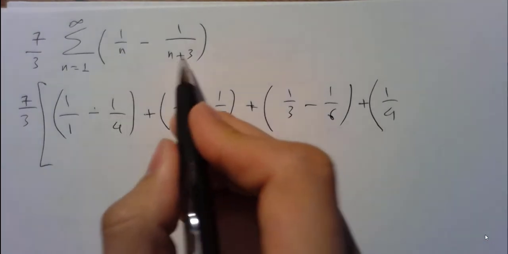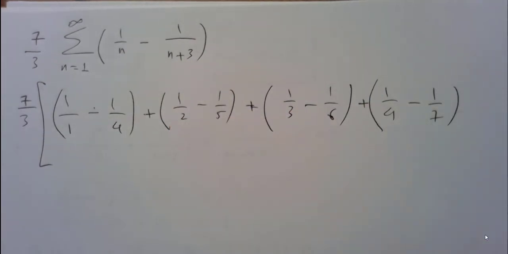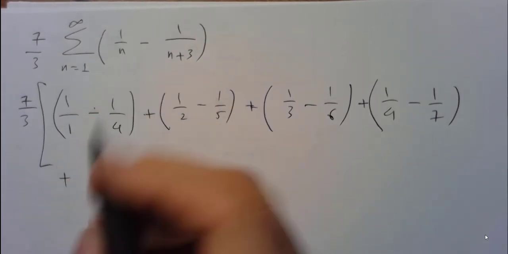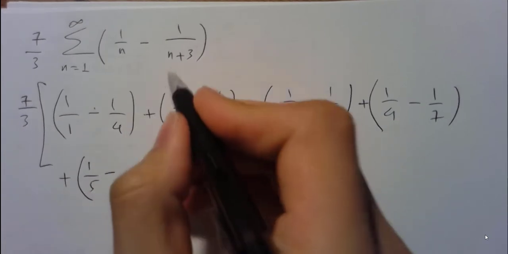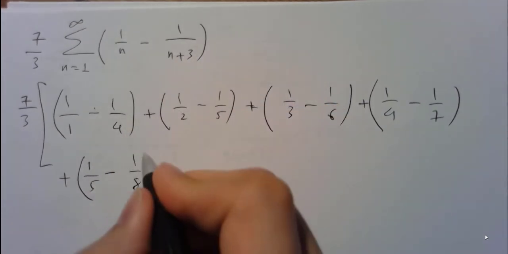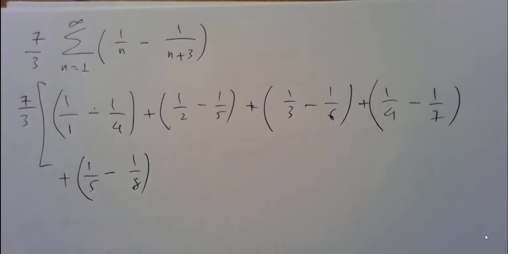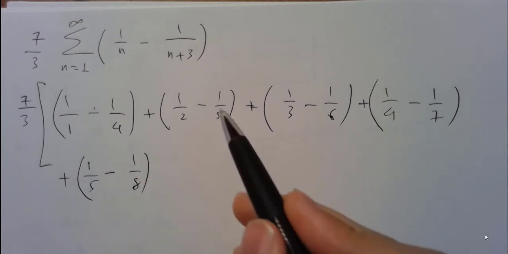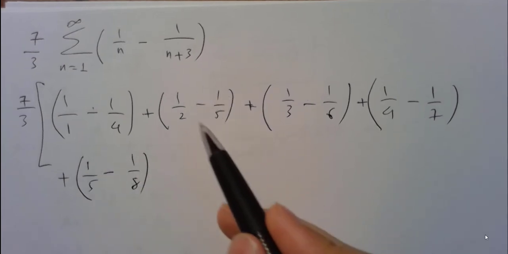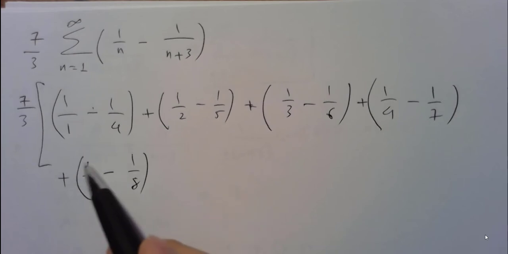4 goes here, 4 plus 3 is 7, so 1 over 4 minus 1 over 7. And then the next one, n equals 5: 1 over 5 minus 1 over 8. Now you can see that starting from the fifth term, the minus 1 over 5 is cancelled right here.